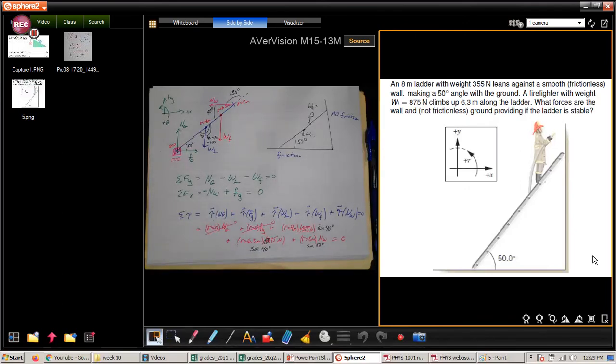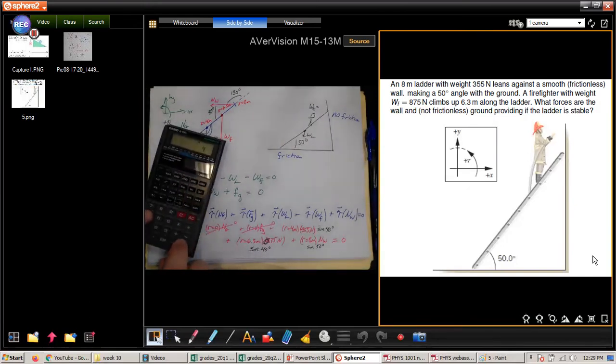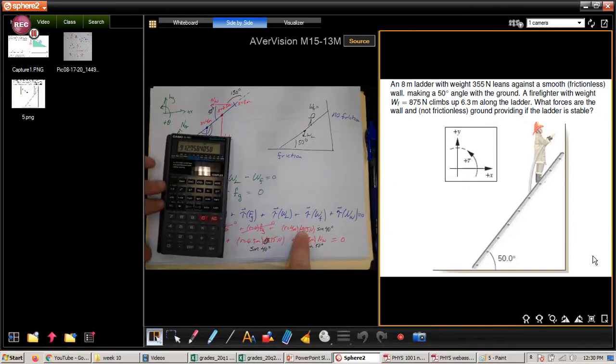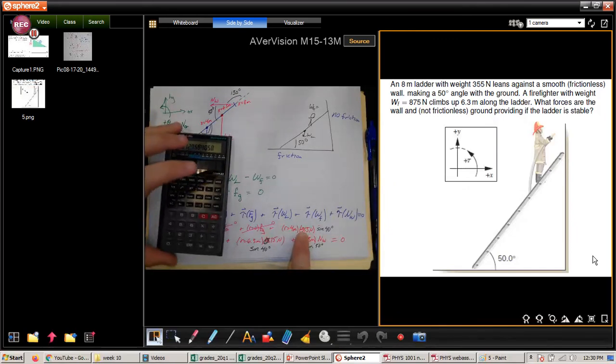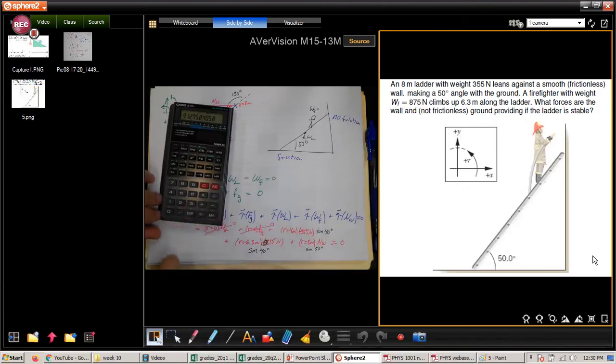So if we go and we plug and chug all through this, we're going to have 4 times 355 times sine 40. This first term is minus 913. And then we're going to add 6.3 times 875 times sine 40. So together these things are 4,500.